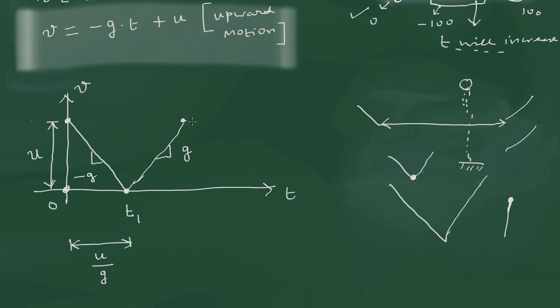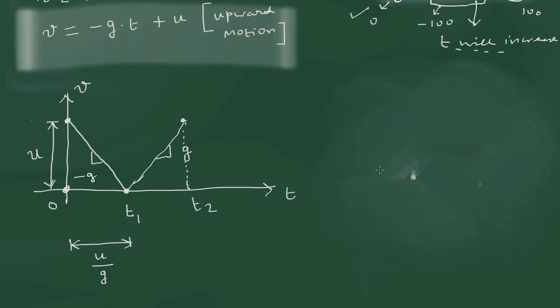So it will reach this particular point, and that would be equal to t2, and you can find out that t2 is equal to 2 times u divided by g. So finally this is how the graph is going to look. Our final graph will look like this, but there is a point to be noted. Actually that is the question.